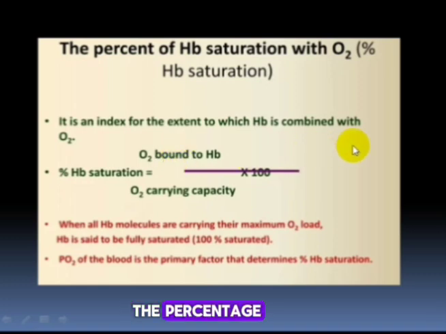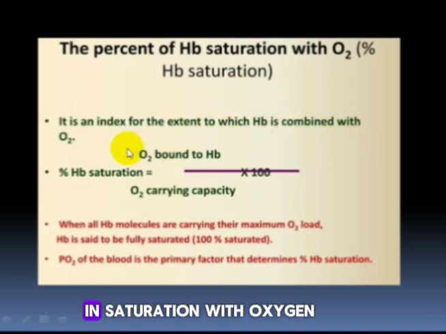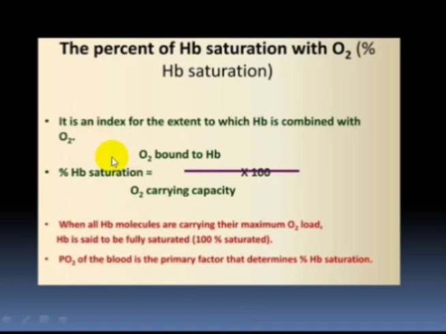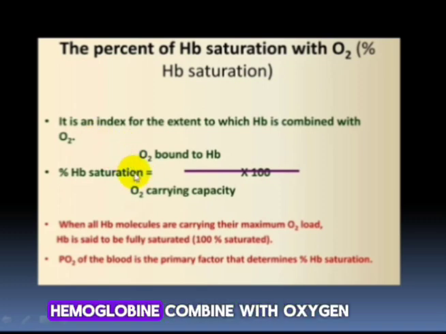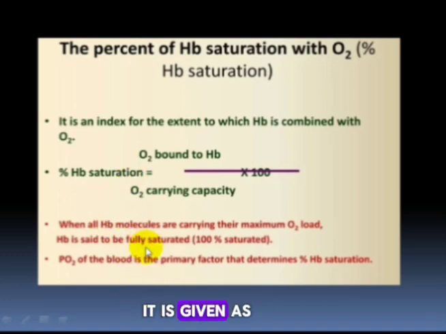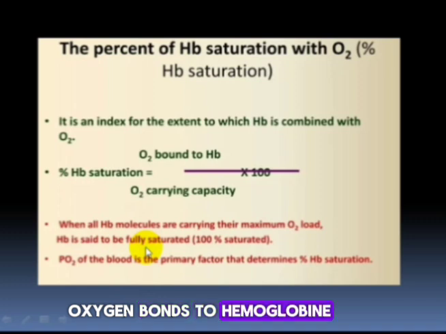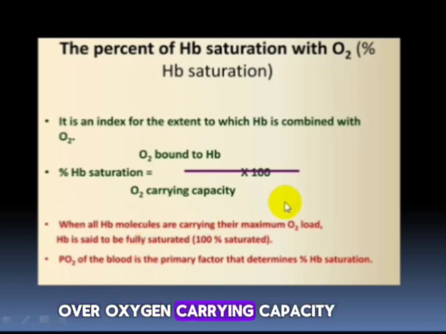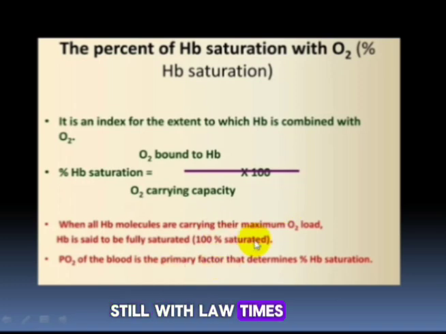So the percentage hemoglobin saturation with oxygen is defined as the index for the extent to which hemoglobin is combined with oxygen. Mathematically, it is given as oxygen bound to hemoglobin over oxygen carrying capacity of the blood, times 100 over 1.